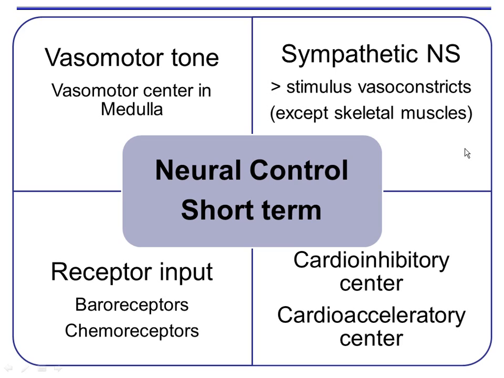You vasodilate in your skeletal muscles, creating low pressure. So if I have high pressure in my organs and low pressure in my muscles, where is blood going to go? You should be able to figure out that blood's going to go to the muscles where the pressure's lower.